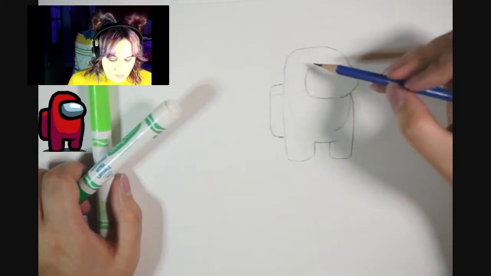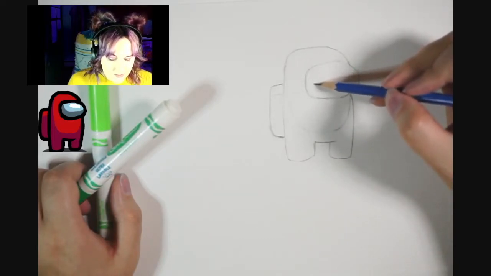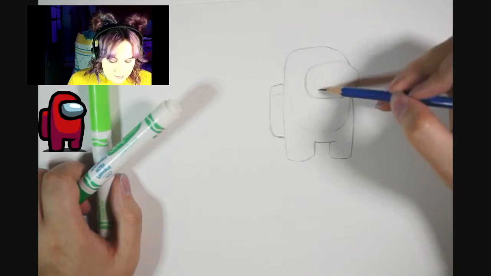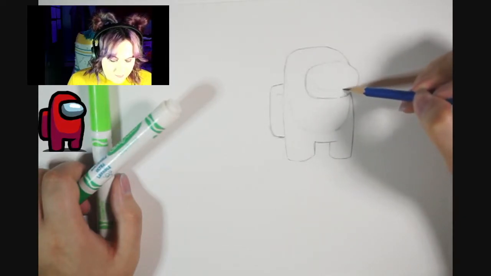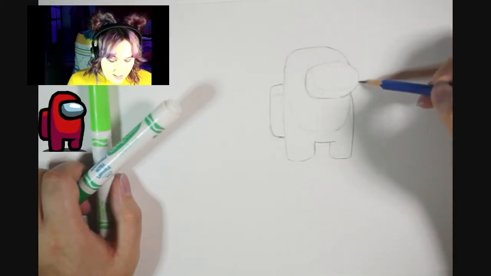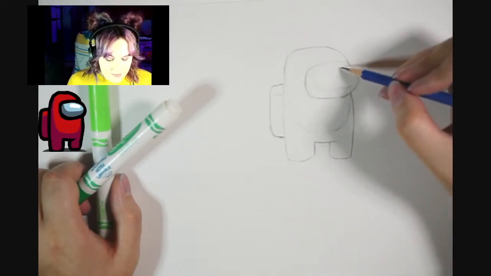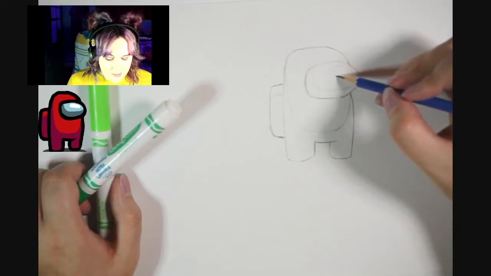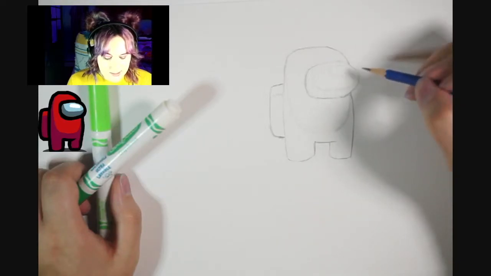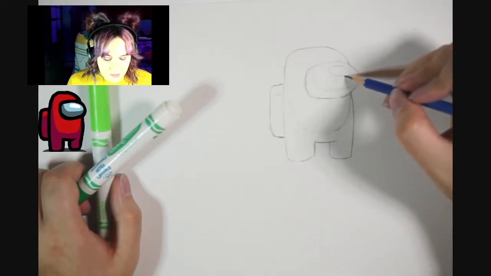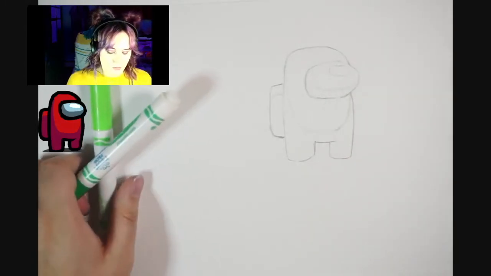Then I'm going to do the same thing in my glass window. Like that. And then we have a big spot that we definitely don't want to color because we want to keep this part white because it's the shiniest part. The shiniest part is going to be white.